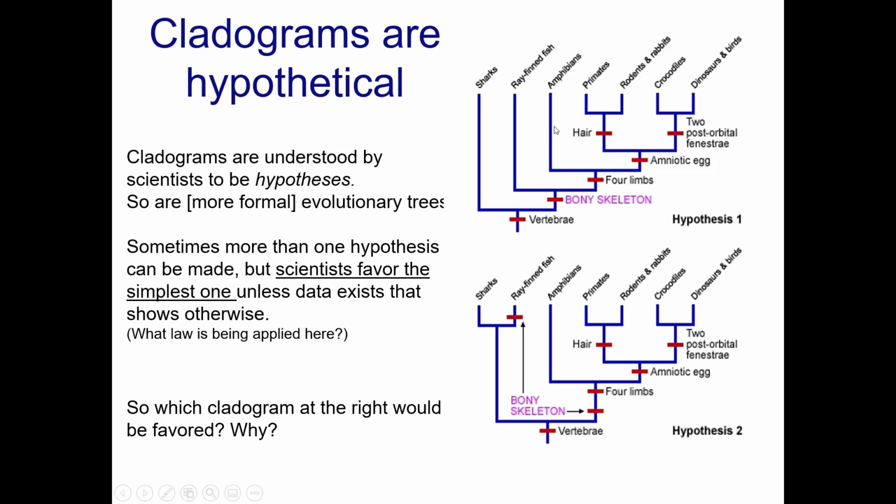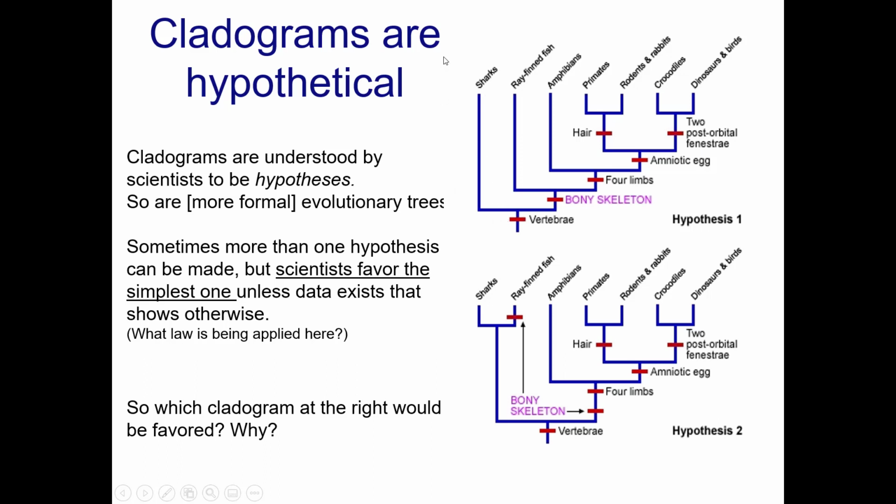So when you put together a cladogram, usually you do it based on how many similar structures they have. And these two cladograms, the one called hypothesis 1 and the one called hypothesis 2, really convey the same information, but they're slightly different, because hypothesis 2 shows ray fin fish and sharks as being quite closely related, whereas in hypothesis 1, ray fin fish and sharks are fairly distantly related.